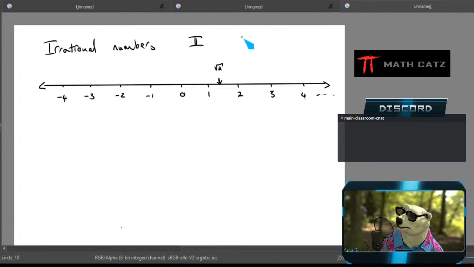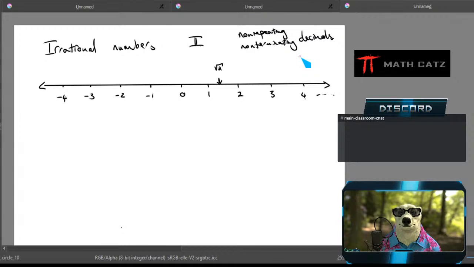These irrational numbers are, if you think in decimals, the non-repeating, non-terminating decimals. Fractions correspond to decimals, obviously, also rational numbers.